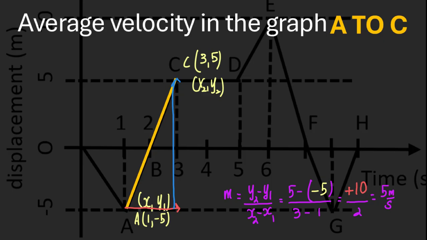Y2 minus Y1, which is 5 minus minus 5, because the coordinate here is 1 comma minus 5, which is plus 10, and x2 minus x1. X2 is 3, x1 is 1, 3 minus 1, which is equal to 2. So the average velocity from A to C is 5 meter per second. And it's very evident because the slope is increasing, which means the average velocity from A to C is 5 times that of O to D.